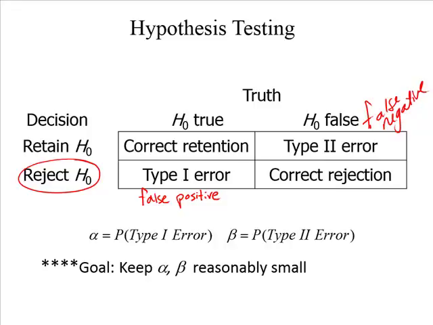Now remember, you're scientists, and you're trying to make claims about how the world works. Well, it depends on what the case is. Which is worse? Saying that men are smarter than women when they're not, or not saying that men are smarter than women when they are?